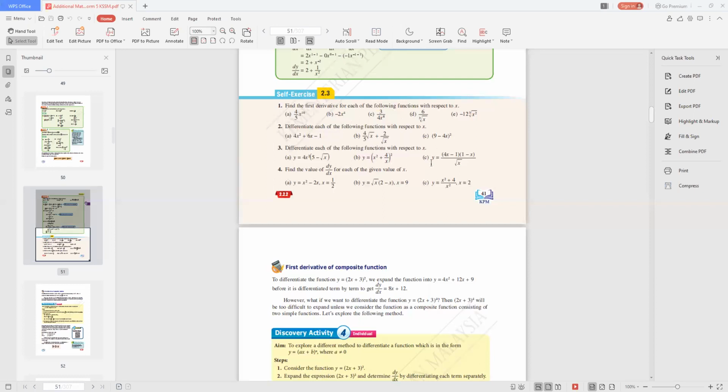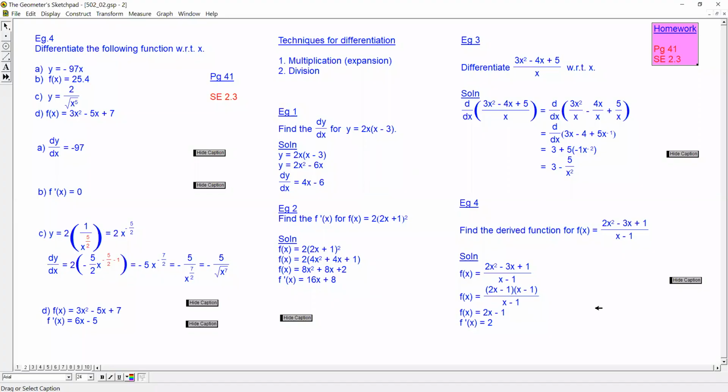You look at this one, it's not easy, you know. So let's say for example number 3, 3A and 3C. You bear in mind 3A and 3C. For 3A, you have to expand like this.